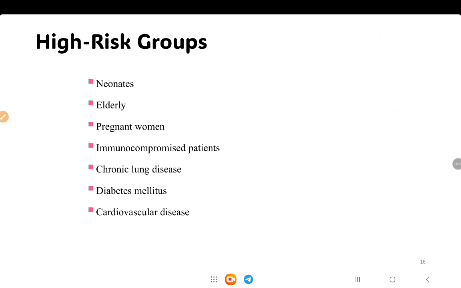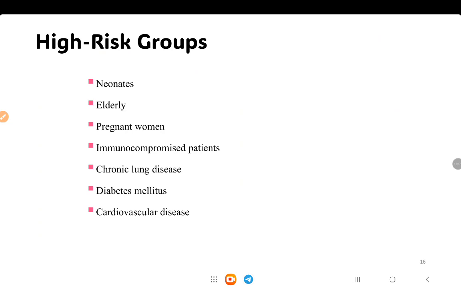Who gets infection, or who are the high-risk groups? High-risk groups include neonates, the elderly, pregnant women, immunocompromised patients, and those with chronic lung disease, diabetes, and cardiovascular disease.